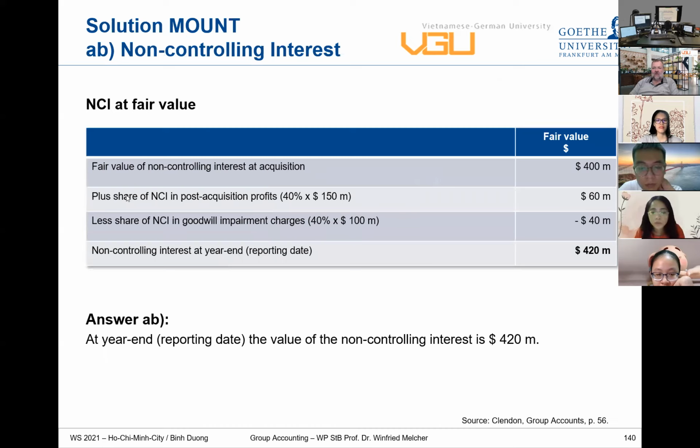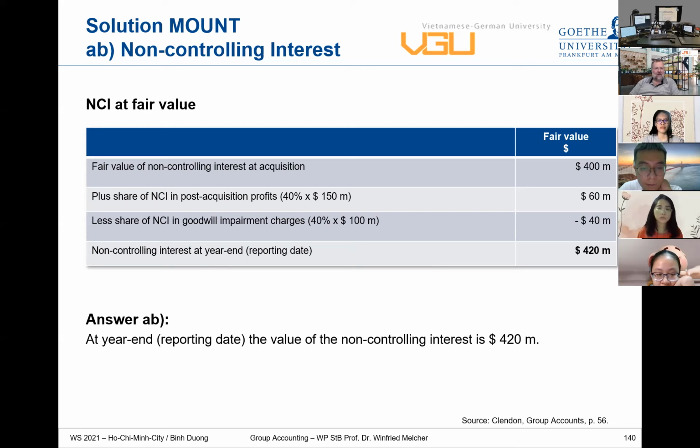We have to add the share of the non-controlling shareholders of 150 million times 40%, which is 60 million. We have to add that to the NCI.